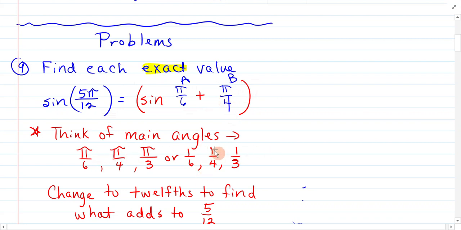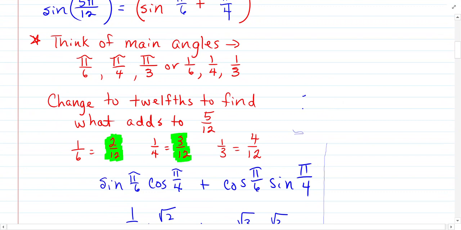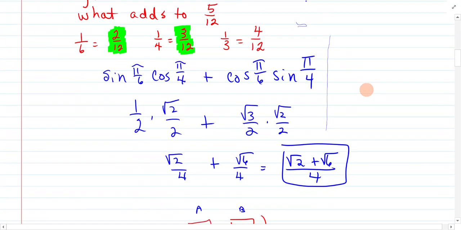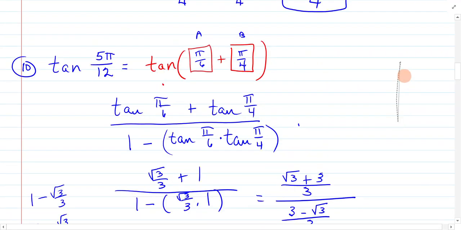So that's 1/6, 1/4, 1/3, pi over 6, pi over 4. Change to twelfths to find what adds to 5 twelfths. We've already done that a couple of times. So once we have it, then we're just plugging in just like we did with the cosine formula. So very similar to what we've been doing.